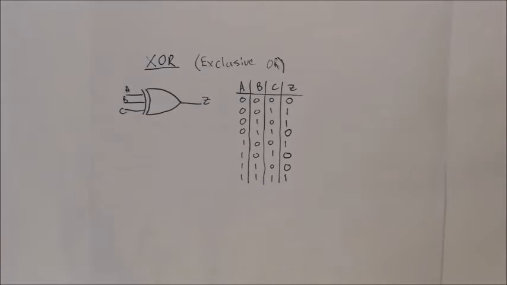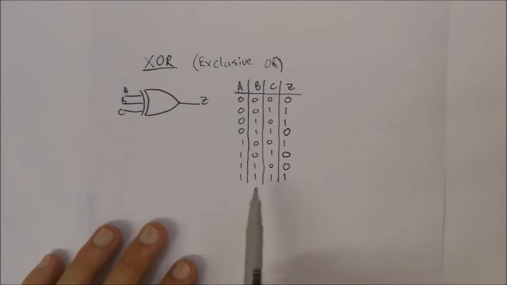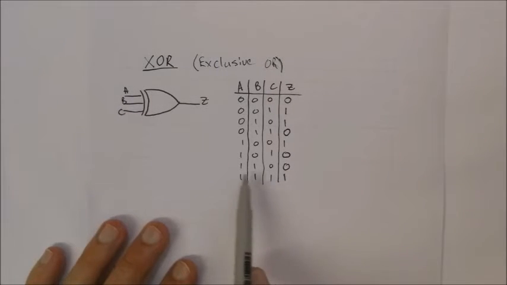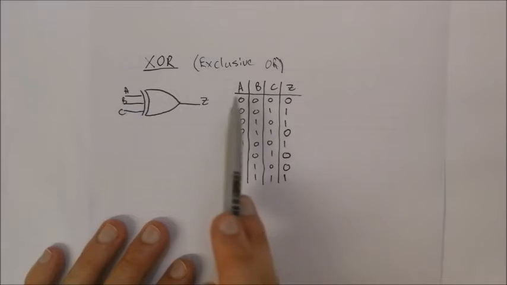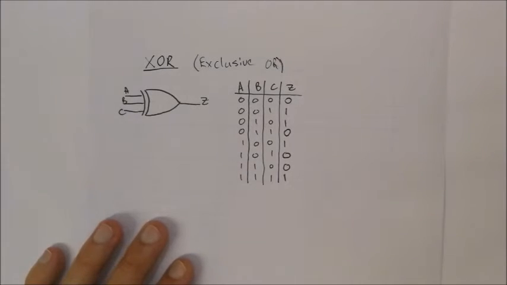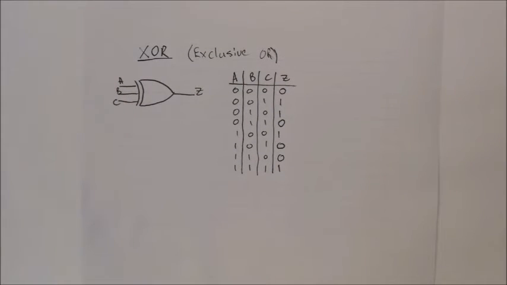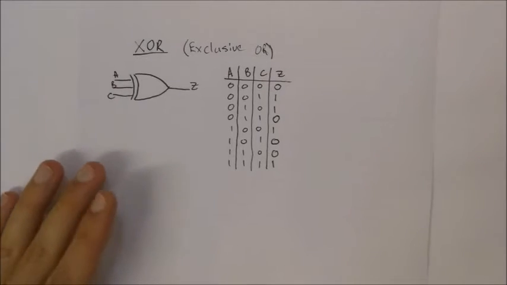So even though we're not actually putting down the carry over value, whenever there is an odd number of 1s, the output would be 1. If there's an even number of 1s, the output would be 0. Or if all the inputs are 0, then the output would be 0. Essentially, when you do an addition on a computer, the computer's actually got one of these XOR gates in it that does the calculation to determine what the output is.